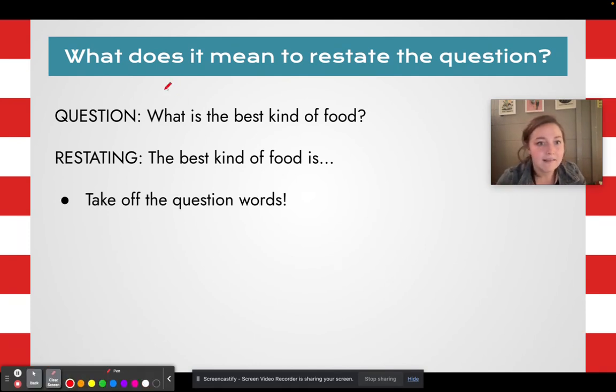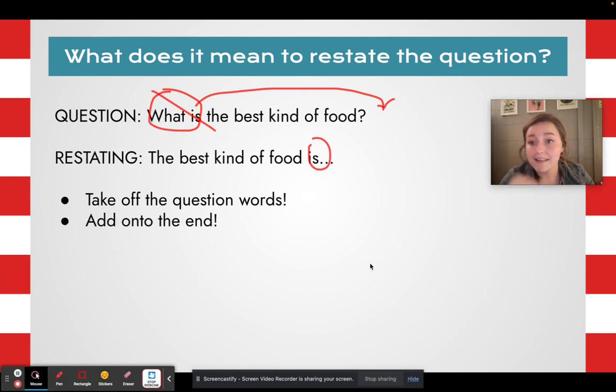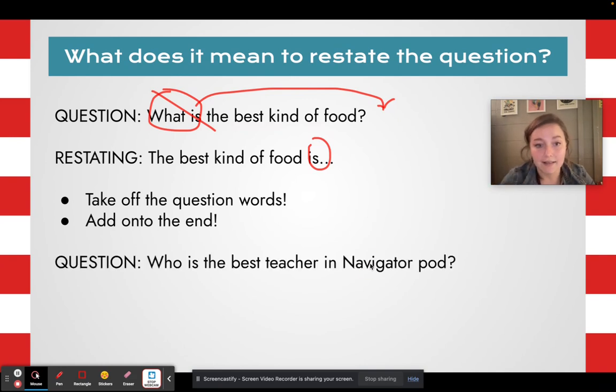The what is here, that what is a question word and the is is helping it. So I'm going to take those off and then add that is to the end. So that moves all the way down here to sort of restate that question, okay? Now, you might also notice that I added that is onto the end.